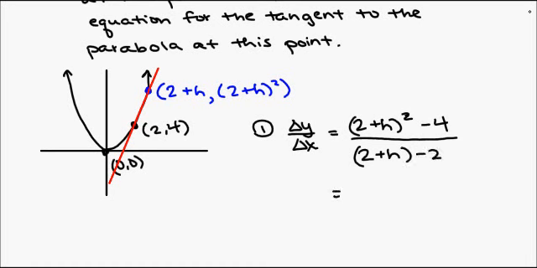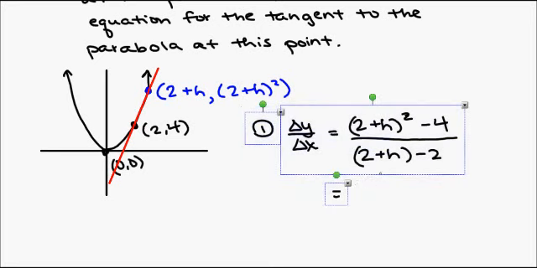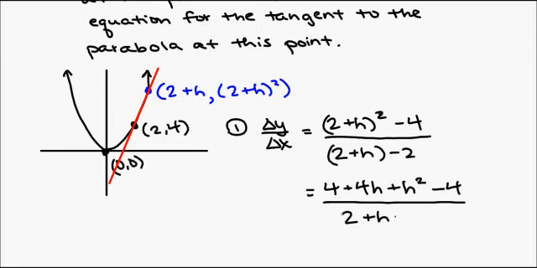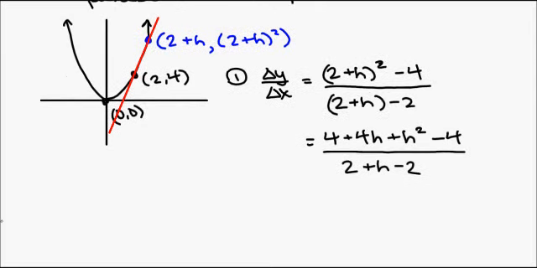Okay, so let's simplify this. I know I need to expand this binomial, so I have 4 plus 4h plus h squared minus 4, and I can remove the parentheses down here.